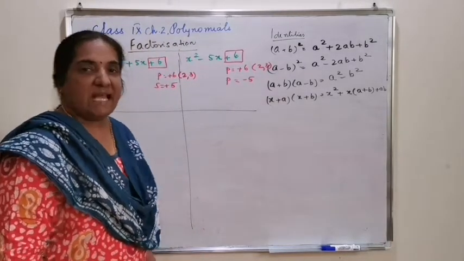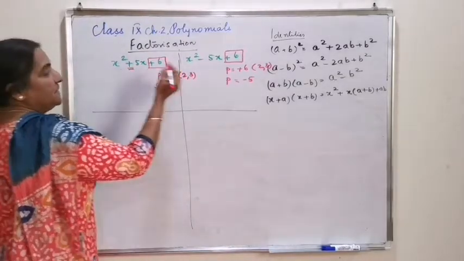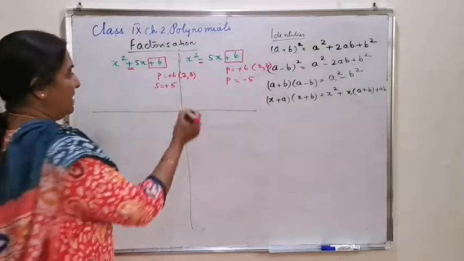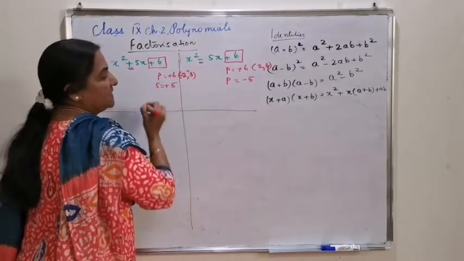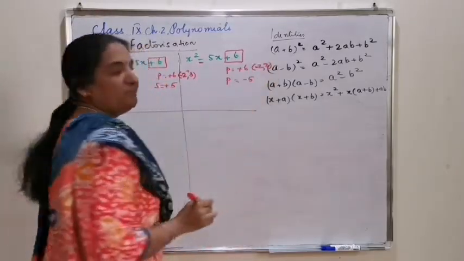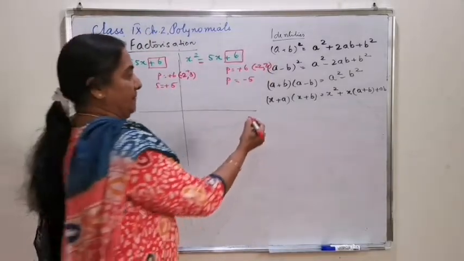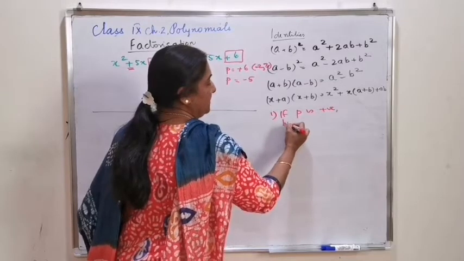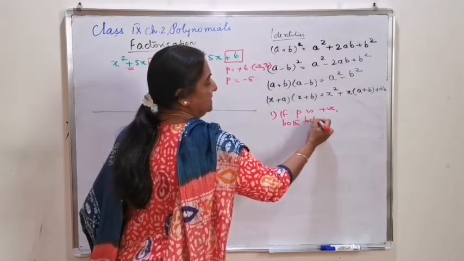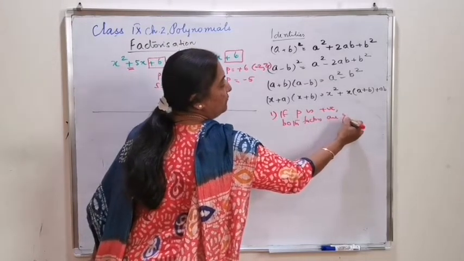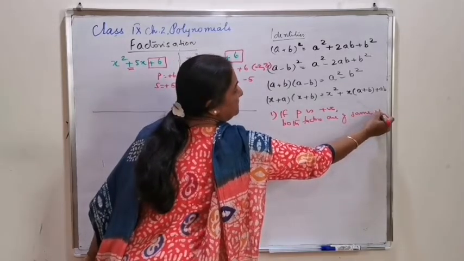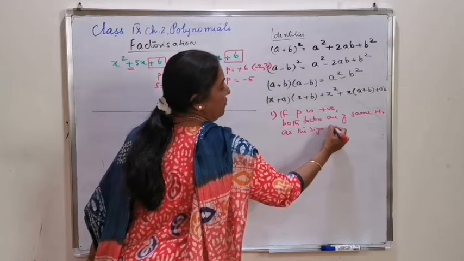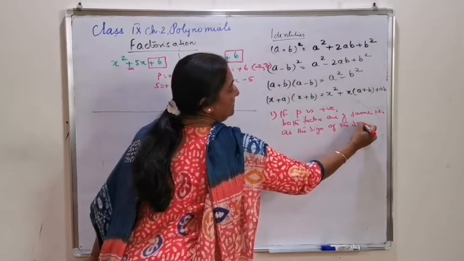Now, the sign will be given as per the sign allotted for the sum value. That is, both the factors will have a positive sign, or both the factors will have a negative sign. Thus, rule 1: if the product is positive, both factors have the same sign as the sign of the sum value.